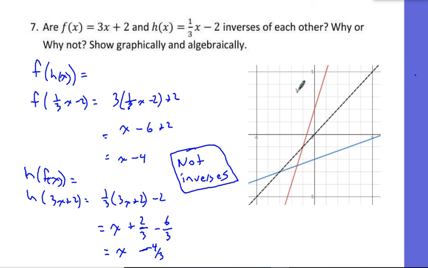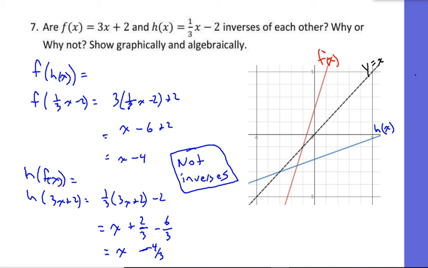This one that is in red is f of x. Let me write that in red. F of x, and in blue is h of x, and the dotted black line here is the y equals x line, which should be the reflecting line if they are inverses.